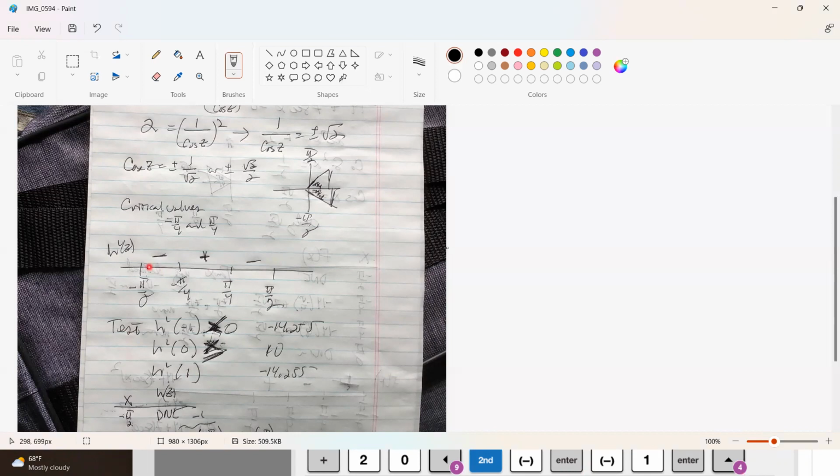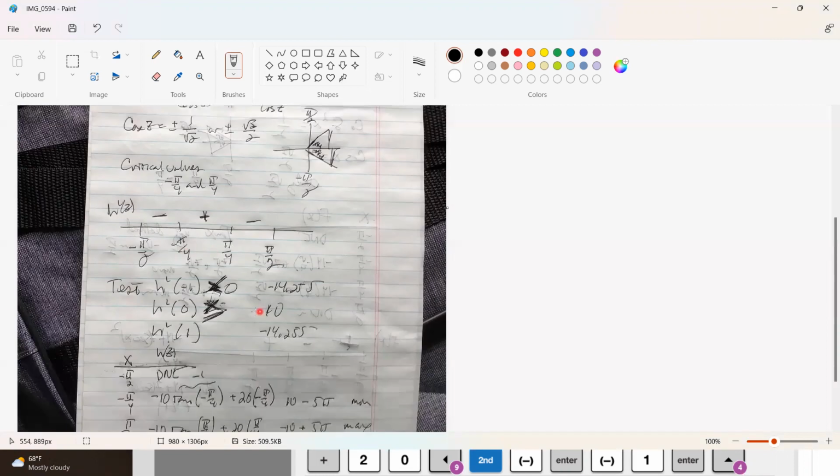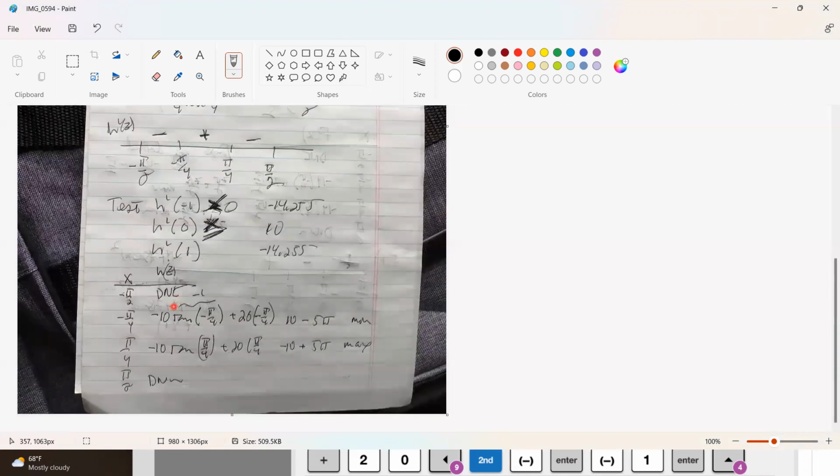So this function is increasing from negative pi over 2 to negative pi over 4, and from positive pi over 4 to positive pi over 2. And then it's decreasing between negative pi over 4 and positive pi over 4.